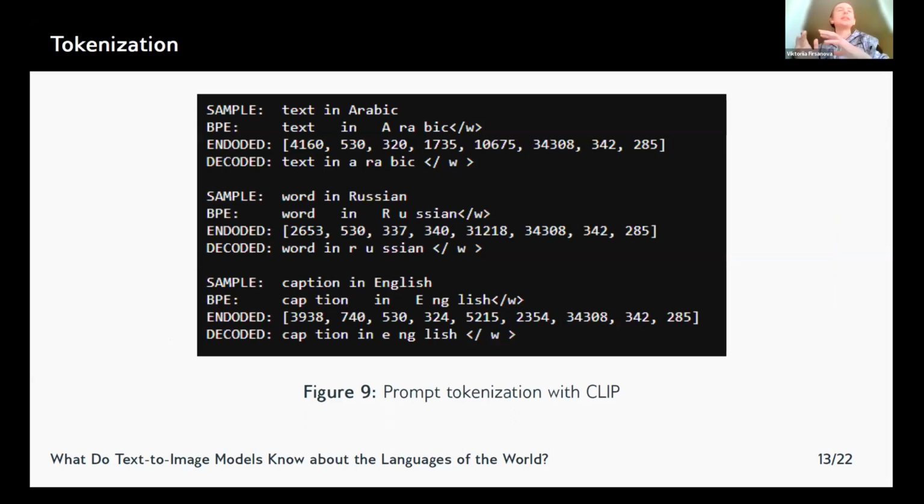Next, I did the tokenization, and what I found the most important is that during the tokenization with byte pair encoding, which is the basis of the CLIP embeddings, the model highlighted these adjective affixes.